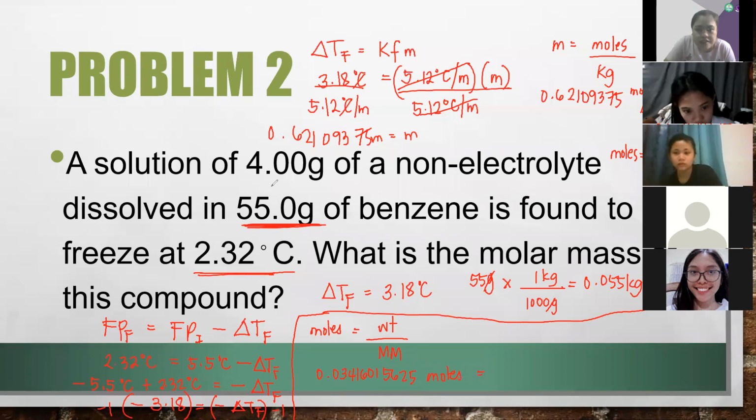And then the weight is given in the problem. It's 4.0 grams. And then we are looking for the molar mass. Cross multiply, you will have 0.03416015625 moles times the molar mass equals, ang naiwan sa kabila is the 4.0 grams. Divide both sides with this number.